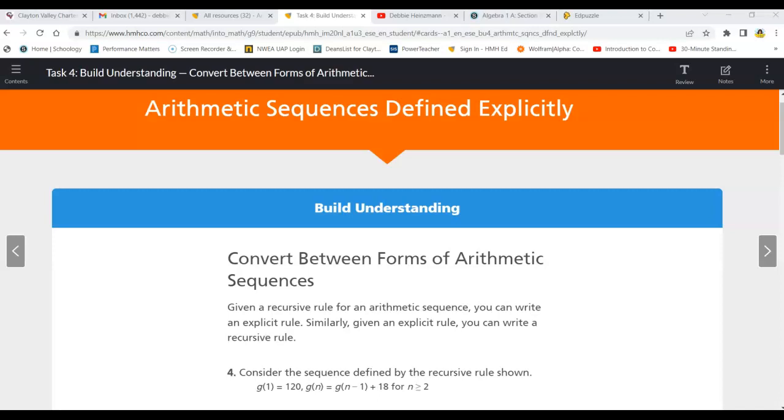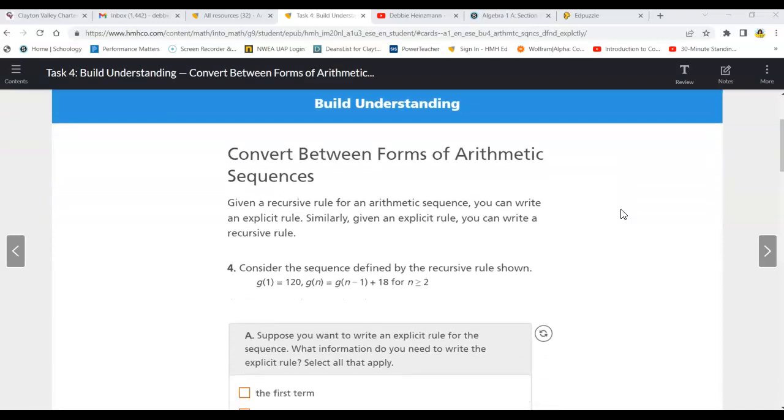And this is task 4, where they're talking about converting between the two types. Given a recursive rule, you can write an explicit rule. Similarly, given an explicit rule, you can write a recursive rule.